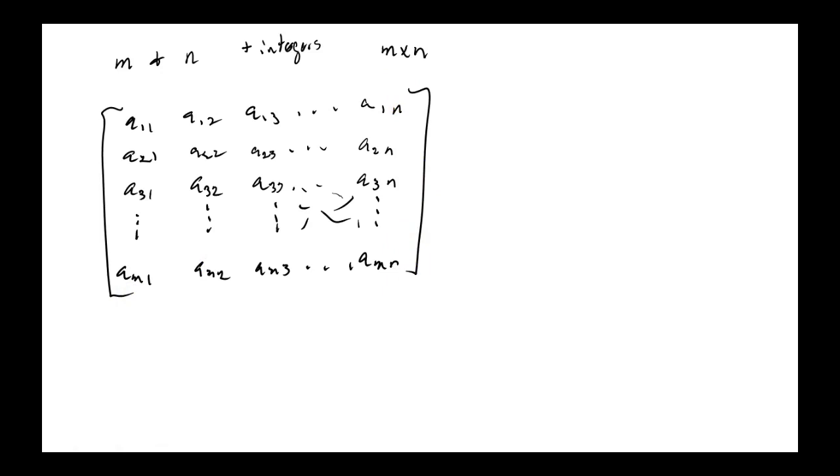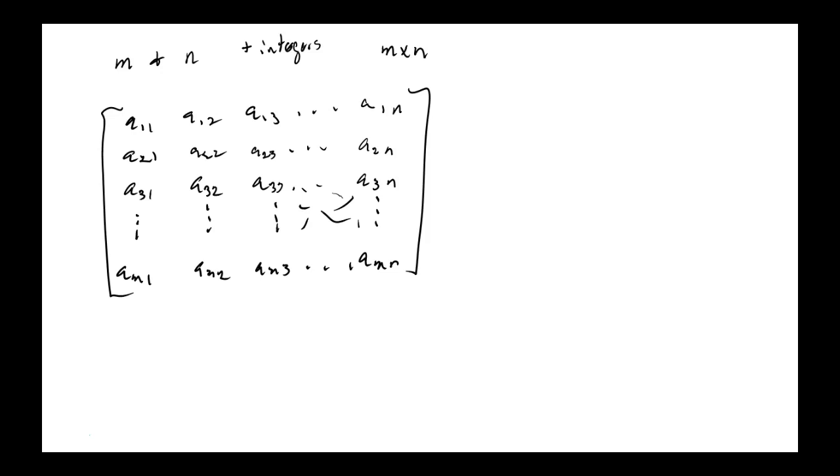Now, all those entries are generally real numbers. Your subscripts have to be positive integers, but the entries could be anything. They don't have to be integers, they don't have to be positive, they don't have to be rational. There's no requirement except that they be real numbers.